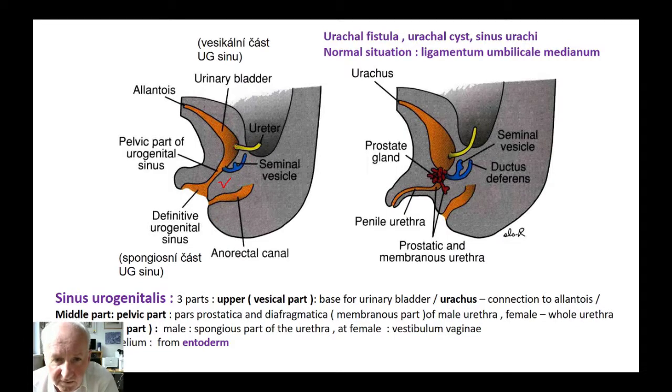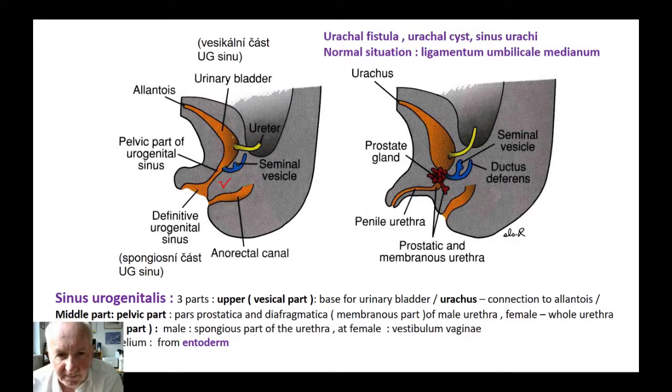I think you feel the ureteric bud developing into the ureter. Yeah? Developing into the ureter. Yes. So, the sinus urogenitalis has now three parts.